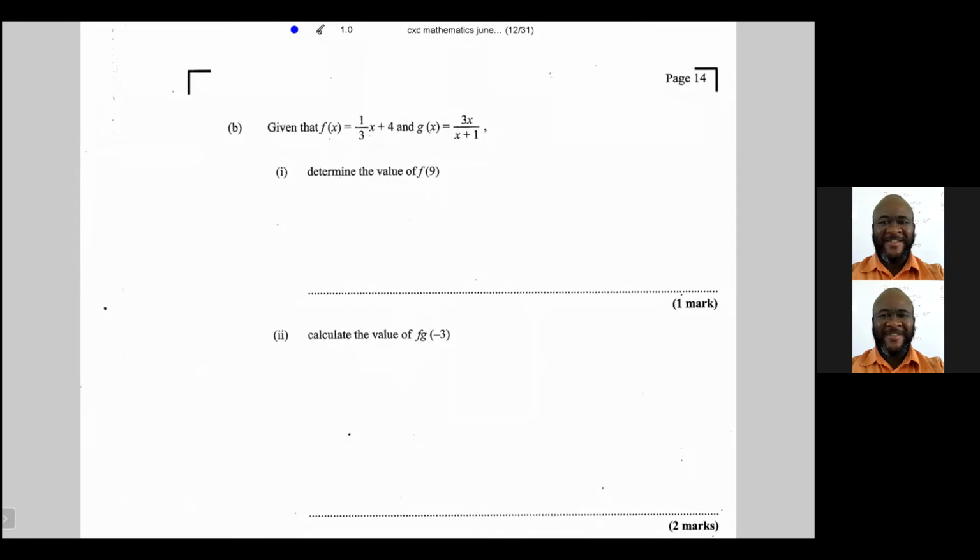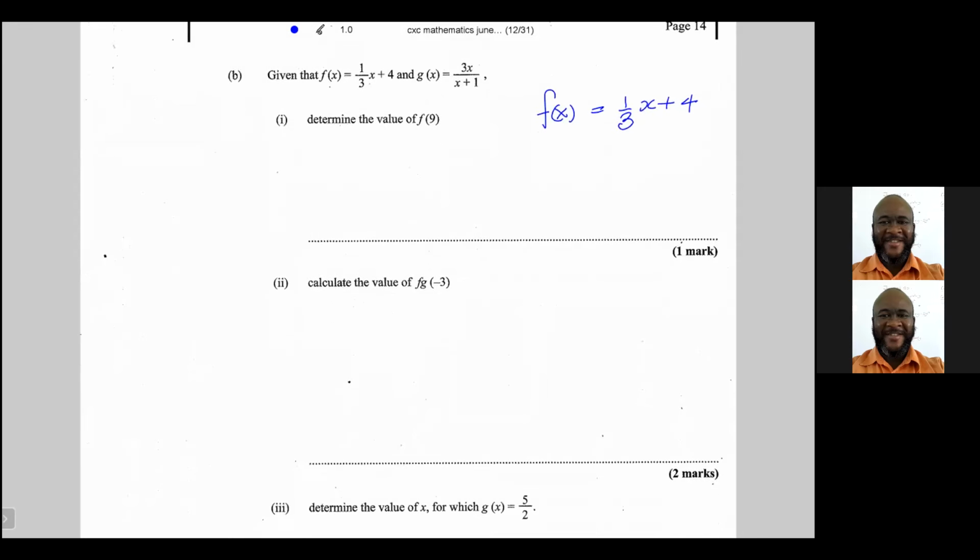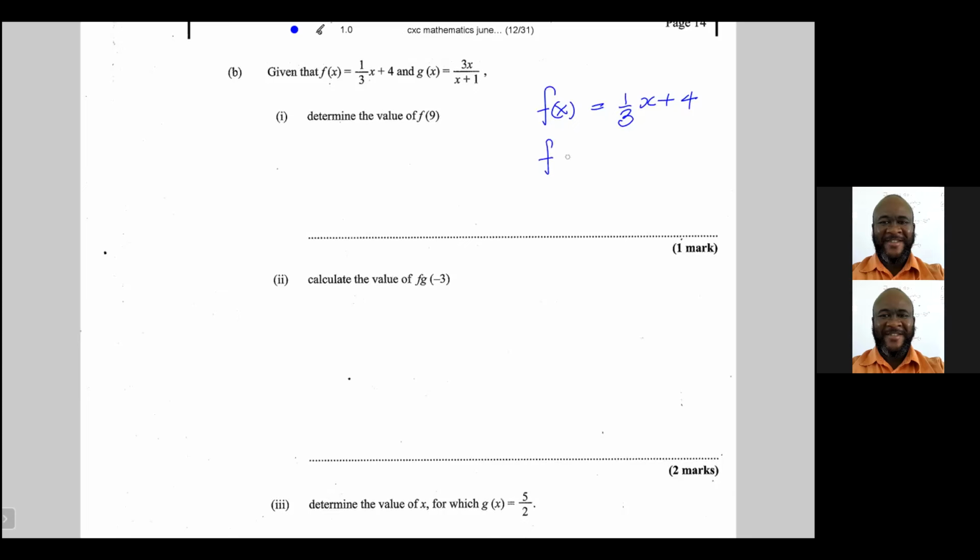All right, D is functions, relations, and function. We're told that f of x is equal to one third x plus 4. We're to determine the value of f of 9. Well, if I know f of x is equal to one third x plus 4, and I'm asked to find f of 9, wherever I see x, I'm going to put 9.